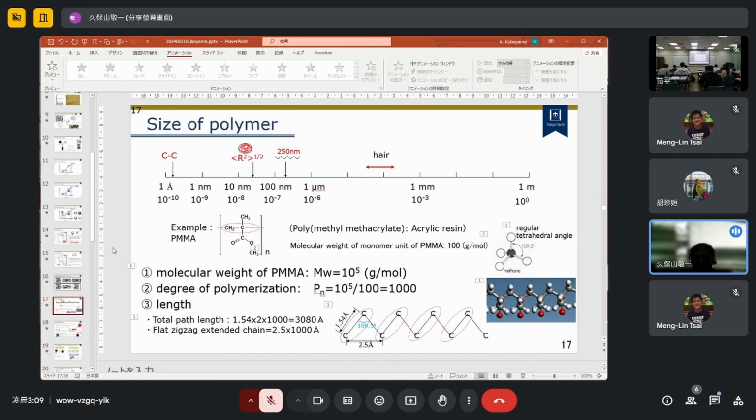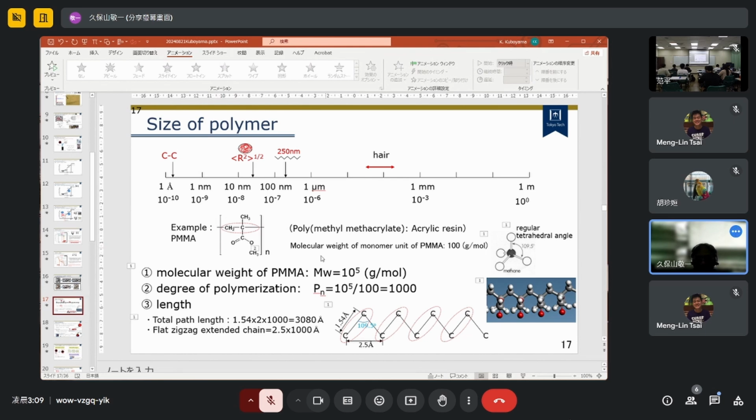Okay, so next, let's think about the size of polymeric materials. This one is the measure of the size. The size of a C-C bond is around 1 angstrom. Now let's think about PMMA as an example. The chemical structure of PMMA is like this.